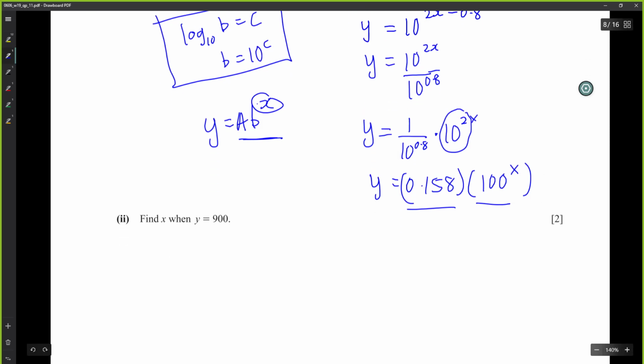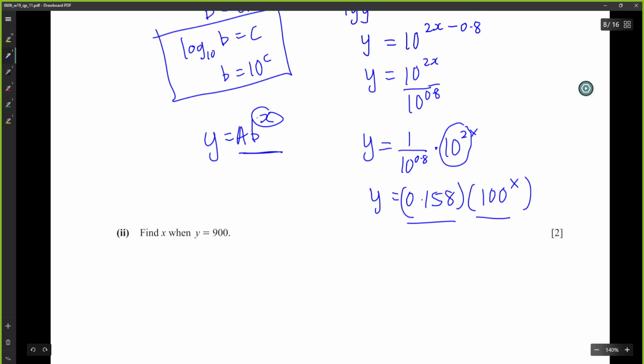So right now they ask you to find x value when y equals 900. So I can just use back this equation. So I say 900 equals 0.158 times 100 power of x. Yeah, it's fine. So I have 900 over 0.158 equals 100 power of x.